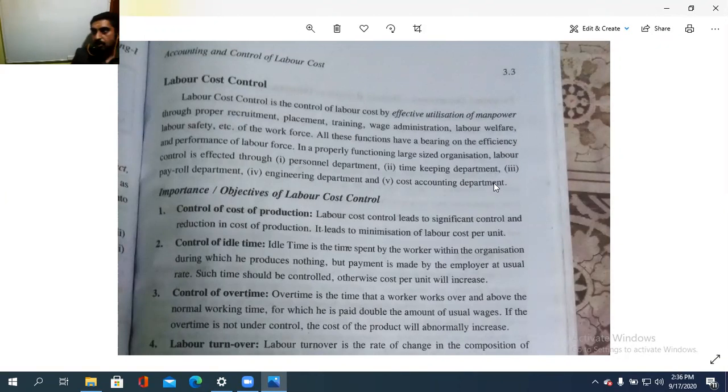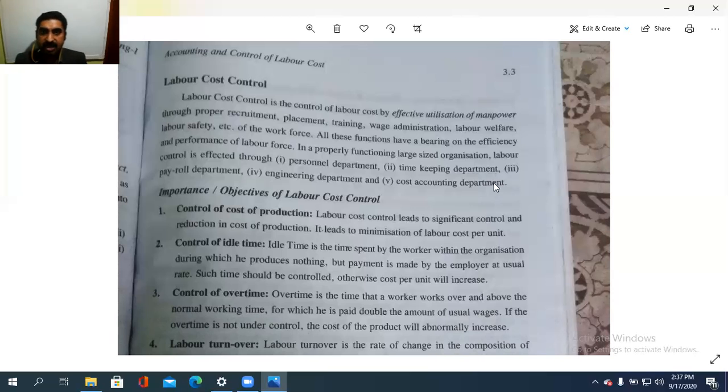Proper recruitment, training, selection procedures, wage administration, welfare of the labor force and labor safety. ഇങ്ങനെയൊക്കെയുള്ള manpowerനെ ശരിയായ രീതിയിൽ യൂട്ടിലൈസ് ചെയ്താൽ എന്ത് പറ്റും? Labor cost should be controlled to the minimum. So labor cost control is the control of labor cost by effective utilization of manpower through proper recruitment, placement, training, wage administration, labor welfare, labor safety, etc.